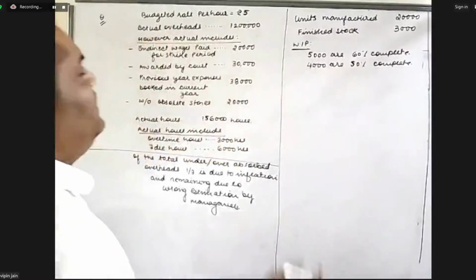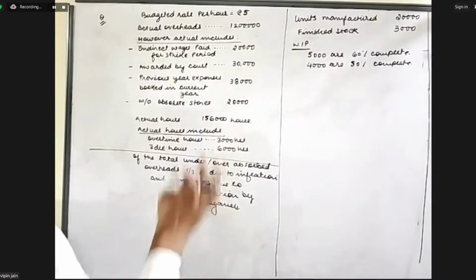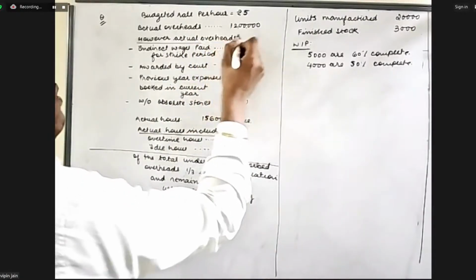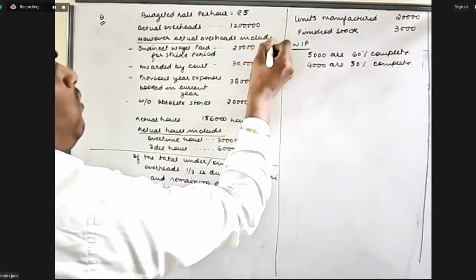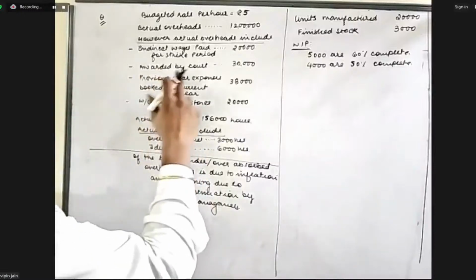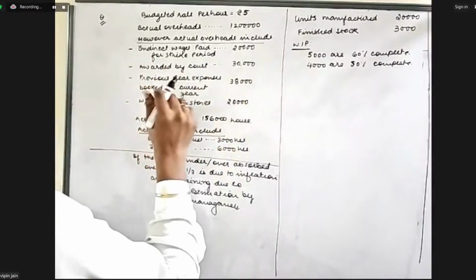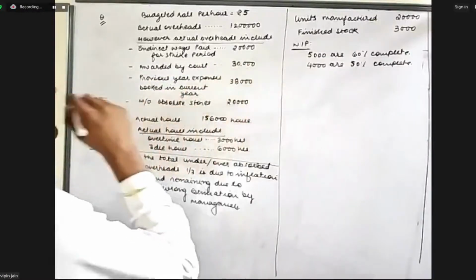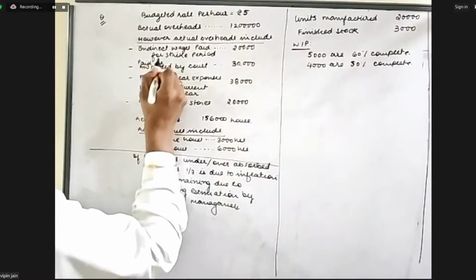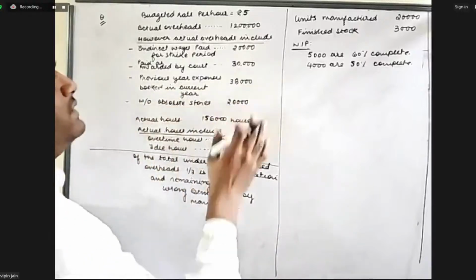So this is the question, guys. Budgeted rate per hour is 5. Actual overheads are 12 lakh. However, the actual overheads include indirect wages paid for strike period 20,000, awarded by the court, 30,000 we have to pay. Previous year expenses booked in current year 38,000. Return of obsolete store 20,000.